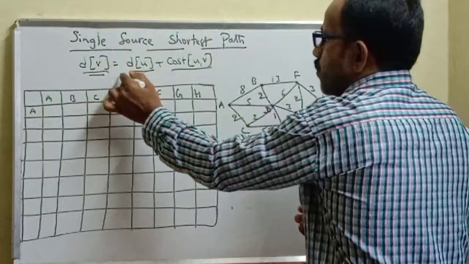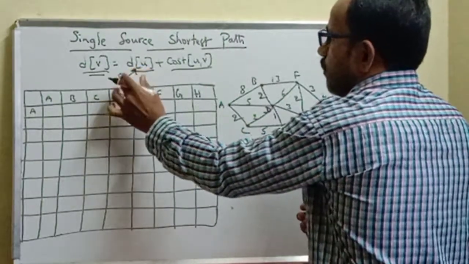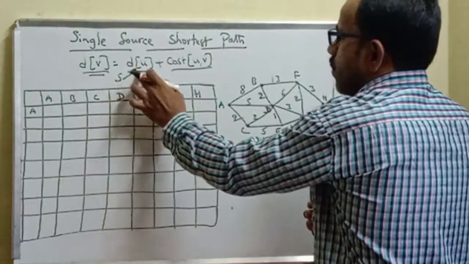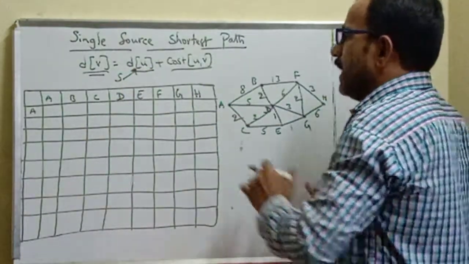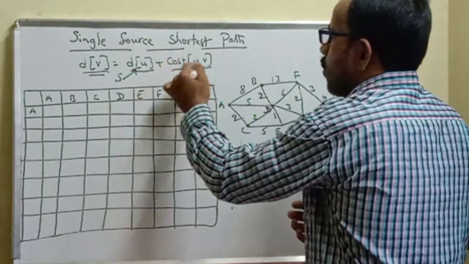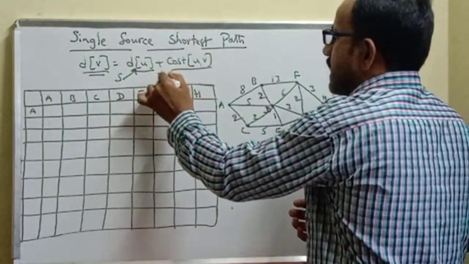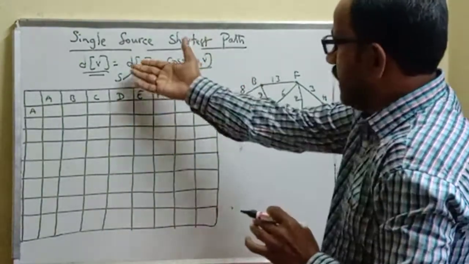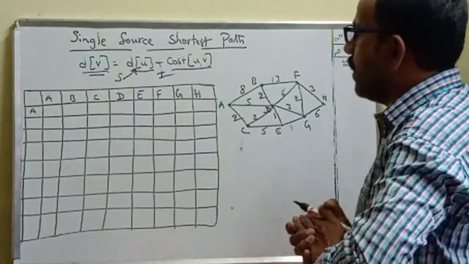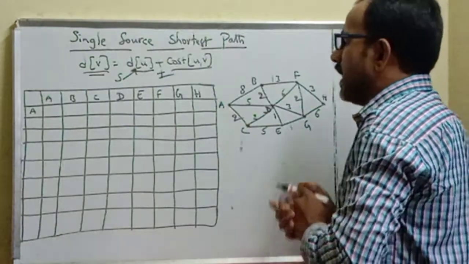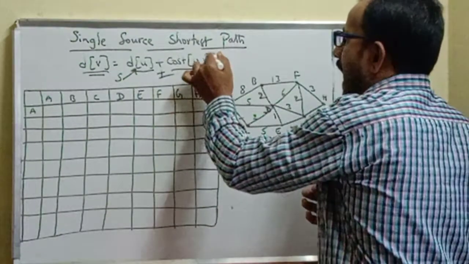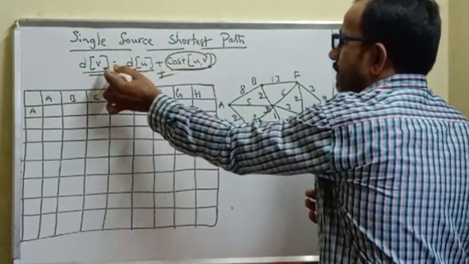Suppose the source node is S, and d of u is the shortest distance we obtained from the source to u. If there is an edge between u and v, adding these two distances gives the shortest distance, because d of u is already proved to be the shortest distance from the source node to u. By simply adding the direct edge cost between u and v, we get the shortest distance.